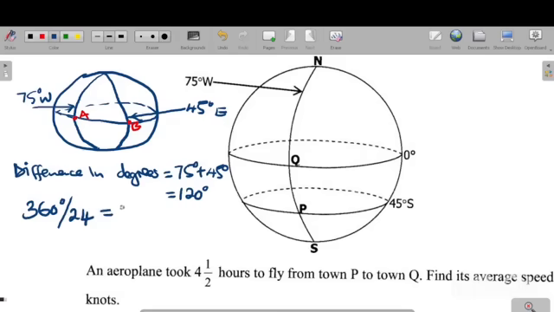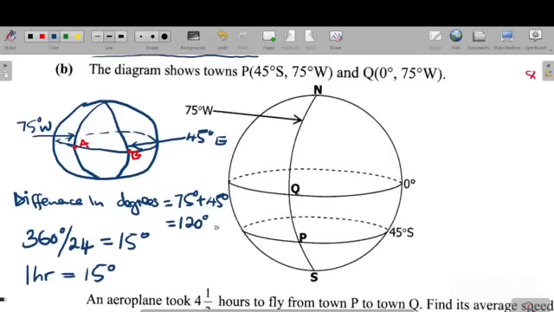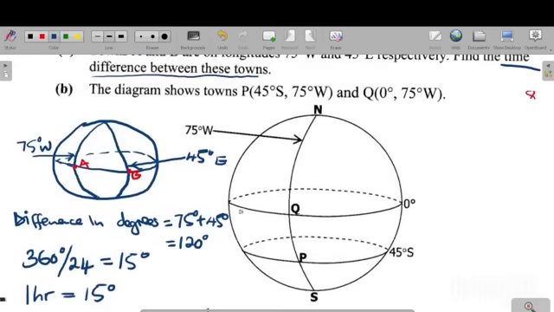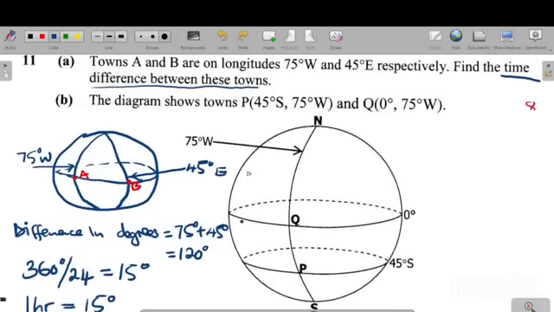So when you divide this, you are going to have 15 degrees. So meaning 1 hour is equivalent to 15 degrees. All right. So now we are going to use this to finally find the time difference between these two towns.